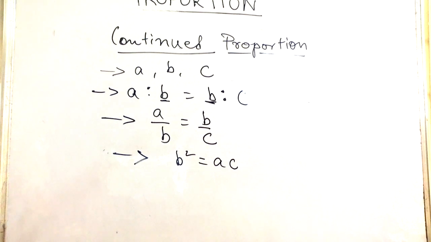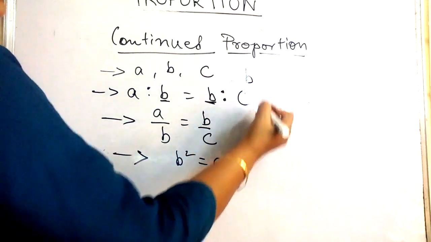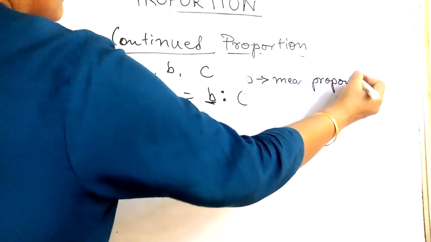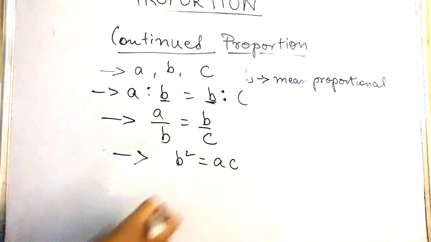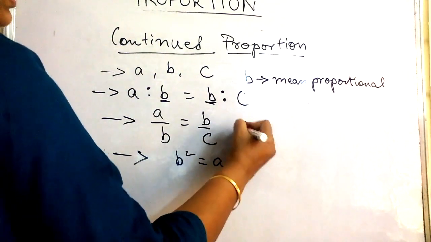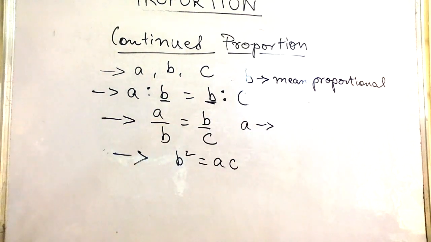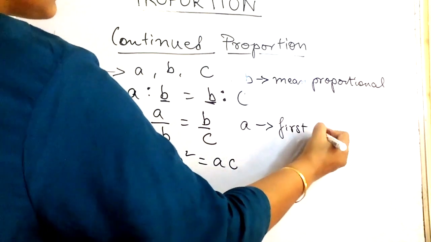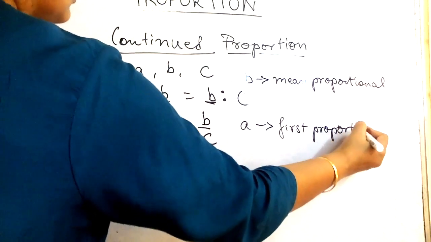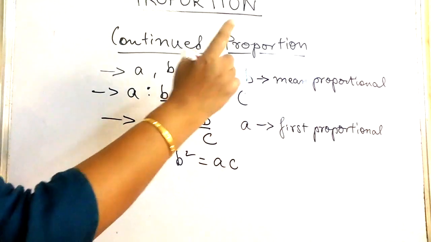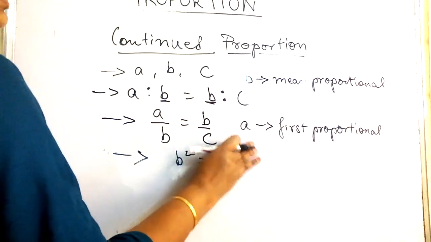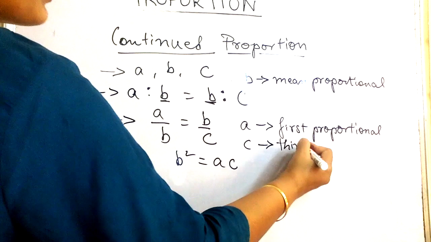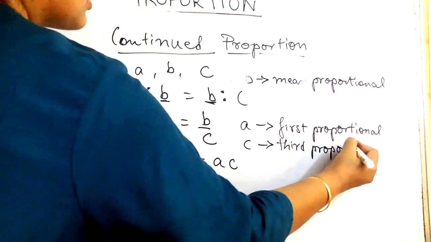So B is called the mean proportional. A is called the first proportional and C is called the third proportional, as you can see from the positions.